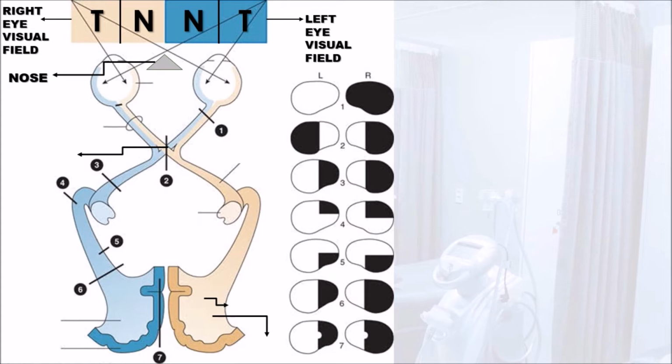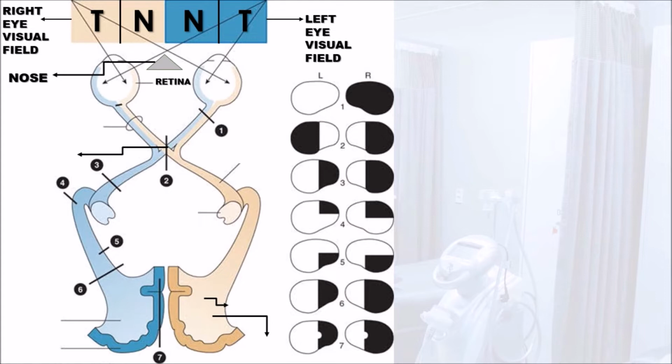What I mean by this is that the temporal part of the visual field becomes the nasal part of the retina, and the nasal part of the visual field becomes the temporal part of the retina. This is very, very key.